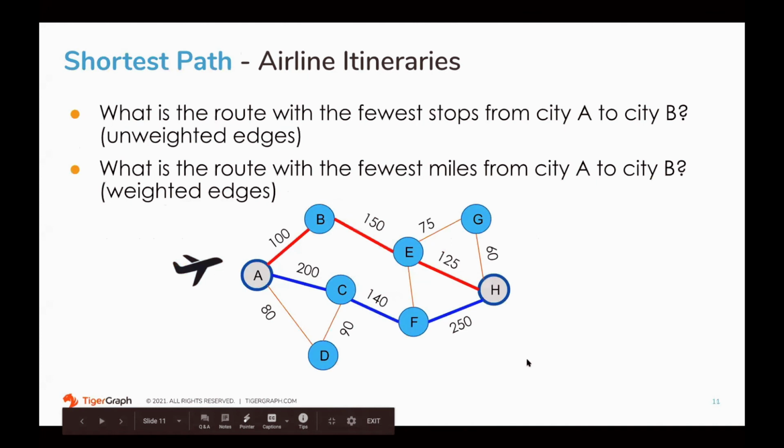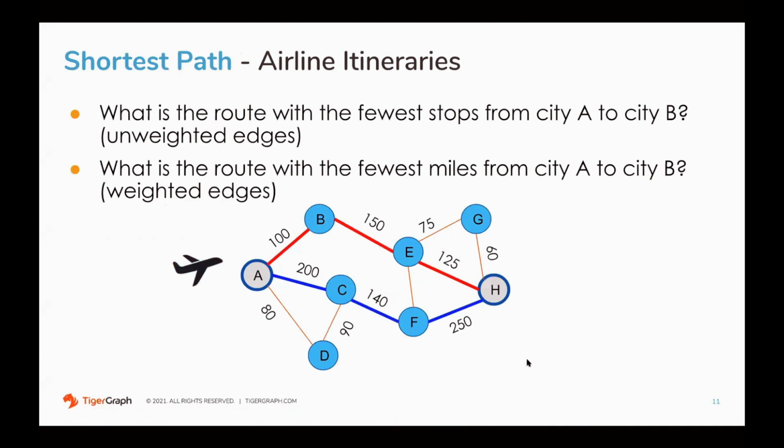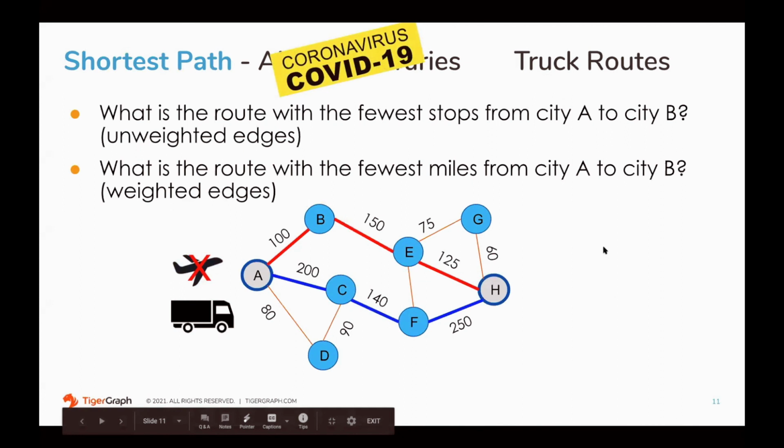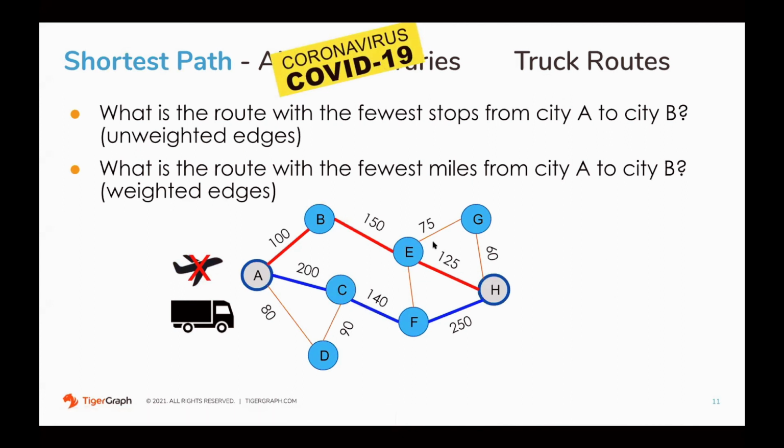So let's talk for a moment about shortest path. When I first wrote this, I was talking about airline travel. I know a lot of us have not been doing airline travel recently, but it's a great way of thinking about shortest path, because you have airports and you have the routes between them, and you might be interested in how to get from city A to city B with the fewest connections.